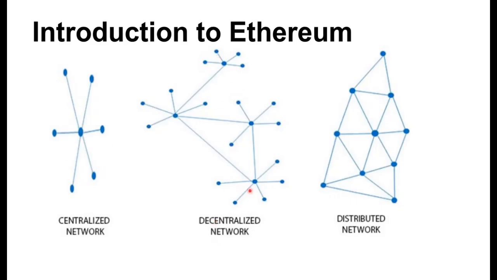We see here a decentralized network has several central focal points. Every node here can communicate with another node. However, they must communicate through a central focal point, and then the central focal points communicate. So this is somewhat less vulnerable to attack, but it can still be vulnerable at the focal points.